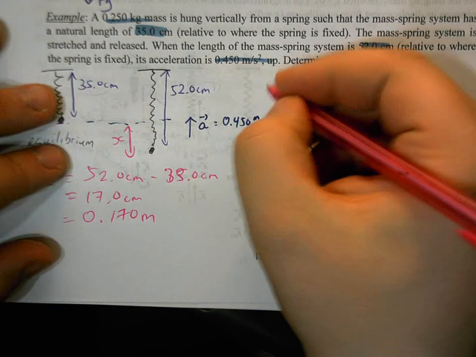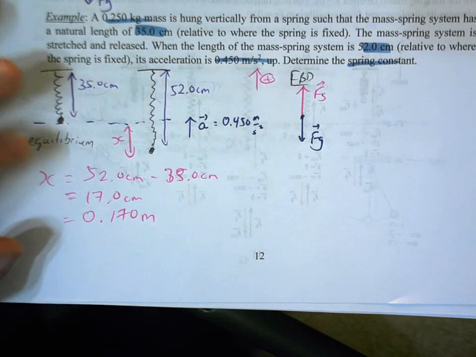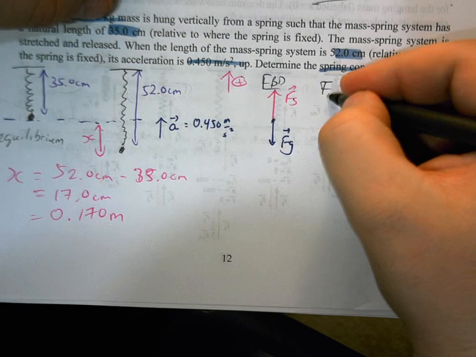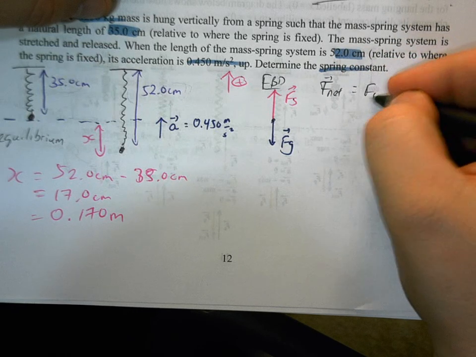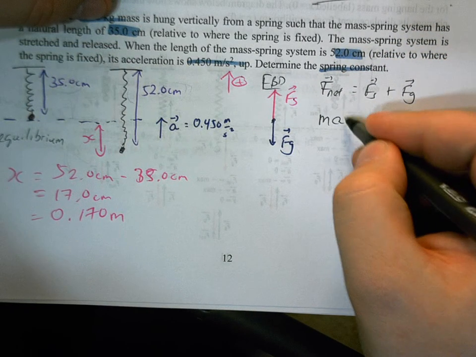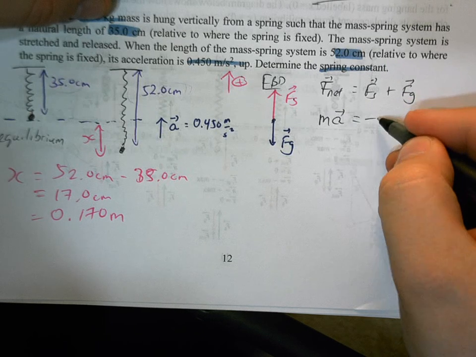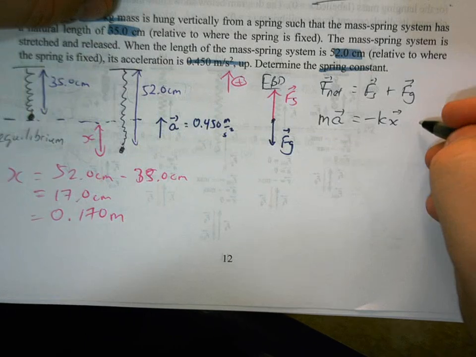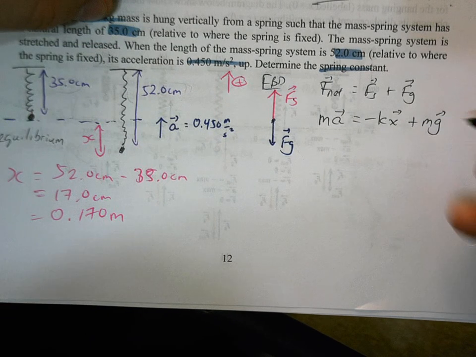Let's call up positive. The net force acting on our system is the force of the spring plus the force of gravity, so we have ma equals negative kx plus mg. We can't forget that negative because we're dealing with the spring.